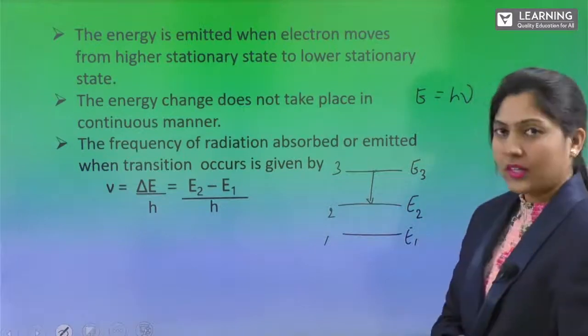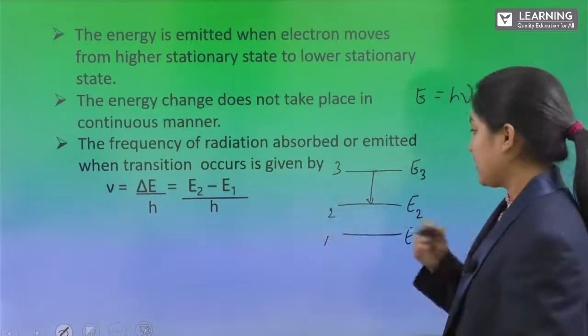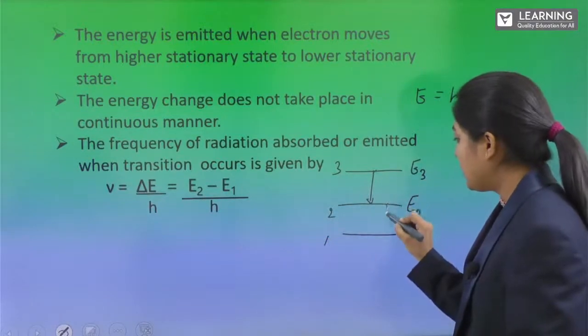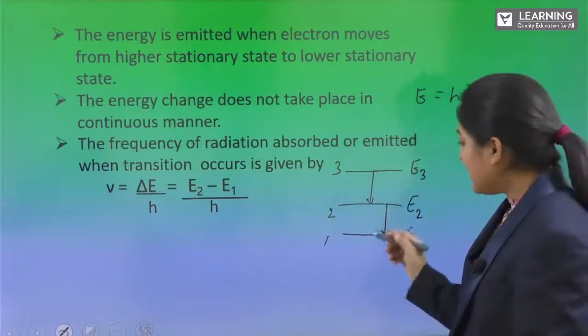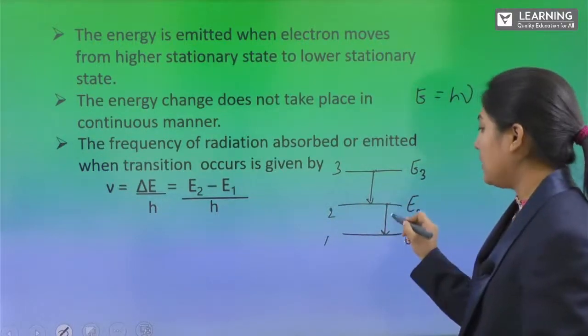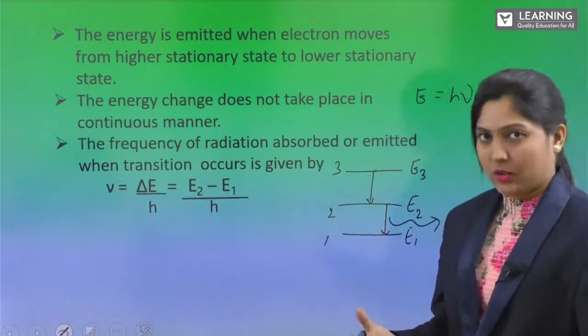So here we are taking E2 and E1. You can take the electron coming from E2 to E1. When it is coming from the second orbit to the first orbit, a certain energy is emitted out.